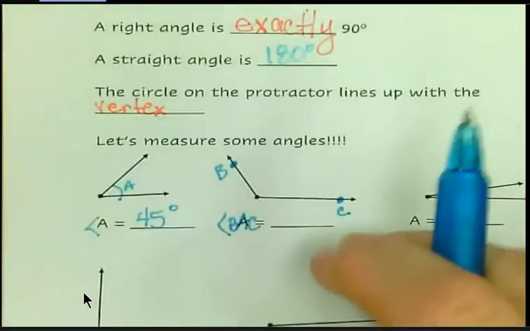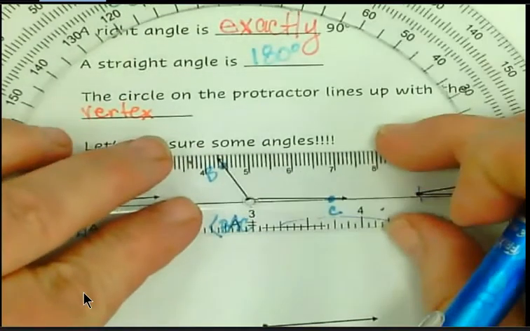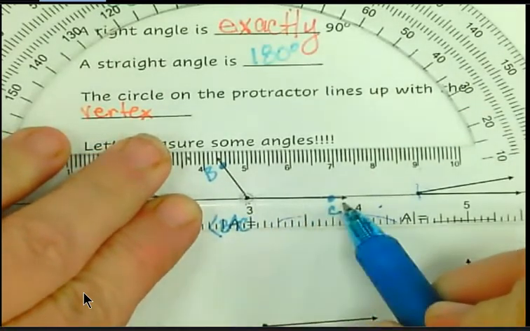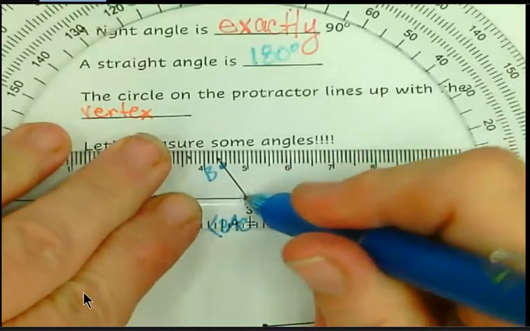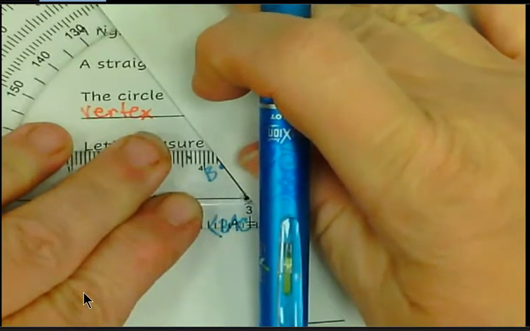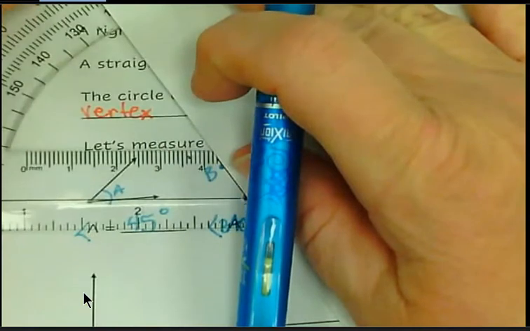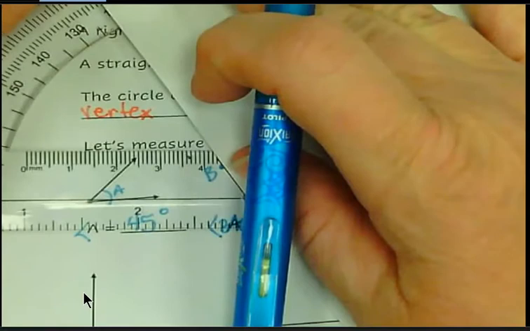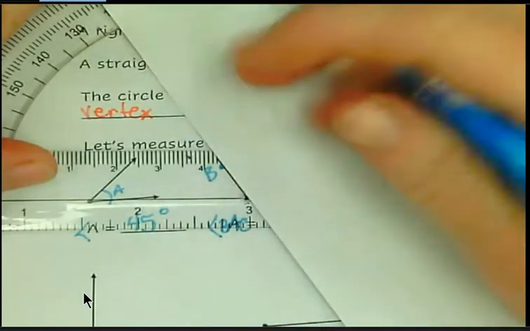So let's look at this one. For angle BAC, what do we got? We're going to line this up. And so we got the dot there. We've got this straight line here all matched up. Boom. And again, it's not long enough, so I'm going to do this. And I've got 50, 55, 59. Wait a minute, it can't be 59 because that's bigger than 90 degrees, isn't it?